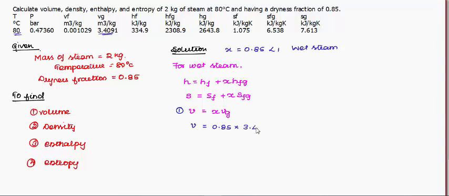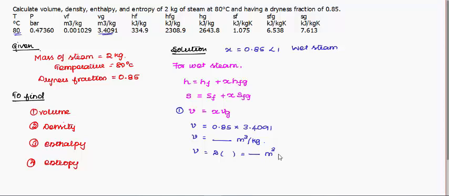Solving this, you get the specific volume in meter cube per kilogram. This value is for a single unit mass, but our mass of the steam is 2 kilogram, so we have to multiply the value by 2.